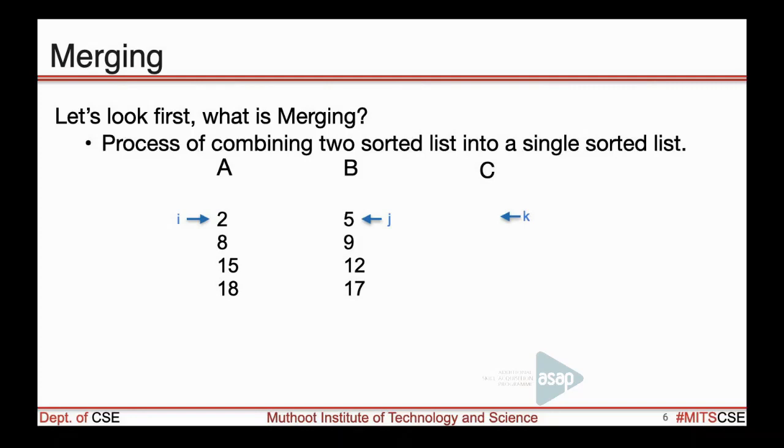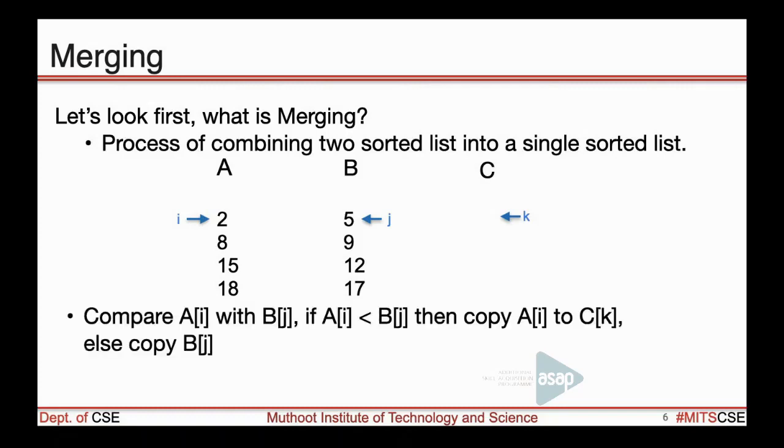For example, I points to the elements in the list A, J points to the elements in the list B, and K points to the elements in the list C. Okay. So first thing what I will be looking is to compare A of I with B of J. If A of I is less than B of J, then copy A of I to C of K, else copy B of J.